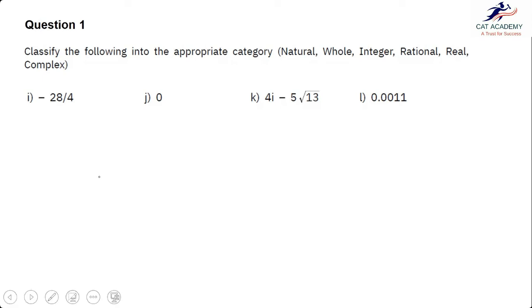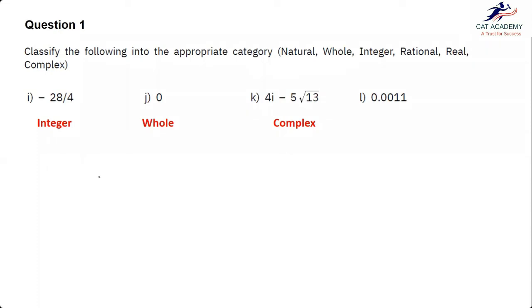Minus 28 by 4, that's minus 7. And minus 7 is integer. 0 is whole. 4i minus something, that is complex. And 0.0011 would be rational, guys.